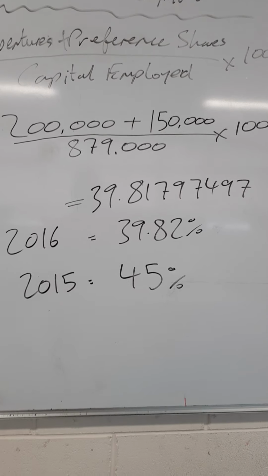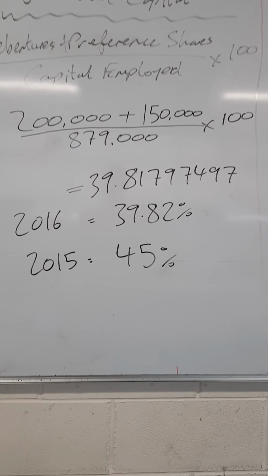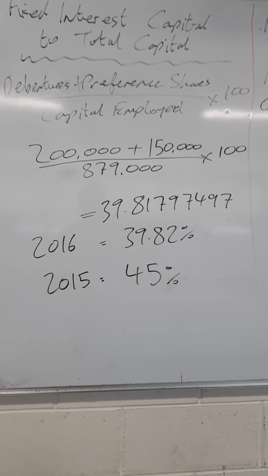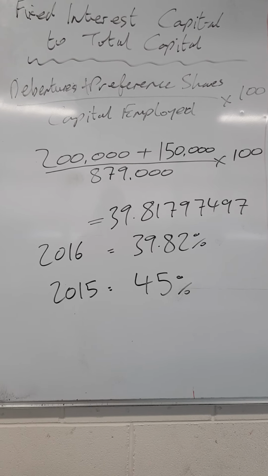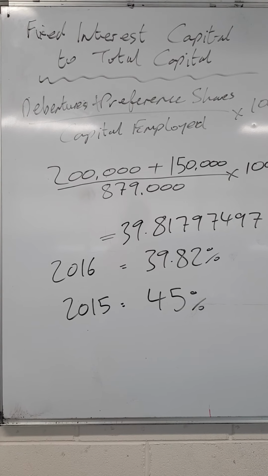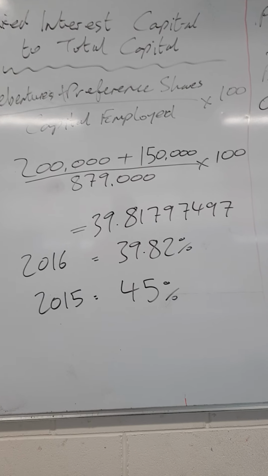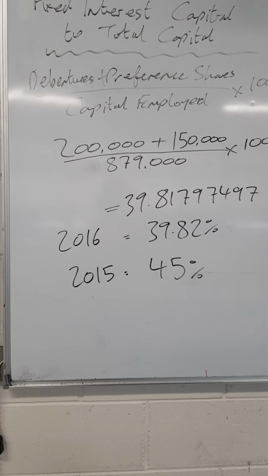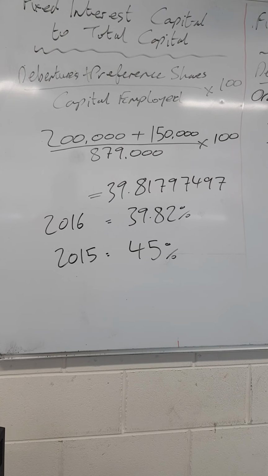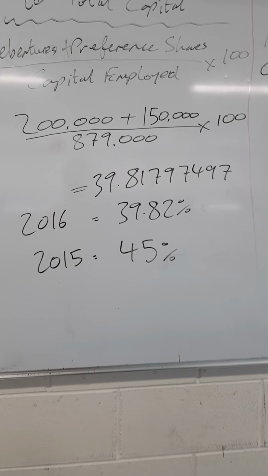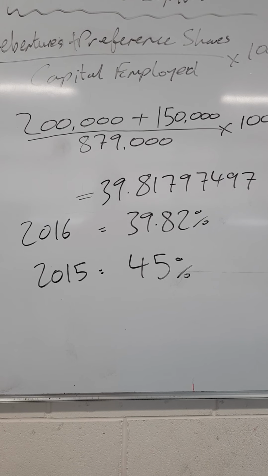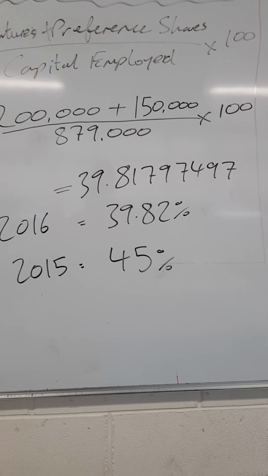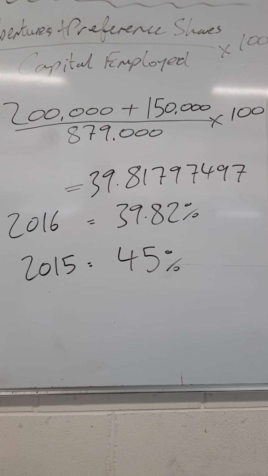Last year it was 45%. Now you might think, oh, that's not good. When it comes to gearing, it's the only topic where you say that the lower the figure is, the better. So what that means is that out of all the money that has been put into the business, 39.82% of that is debt capital, which is either loans or preference shares.